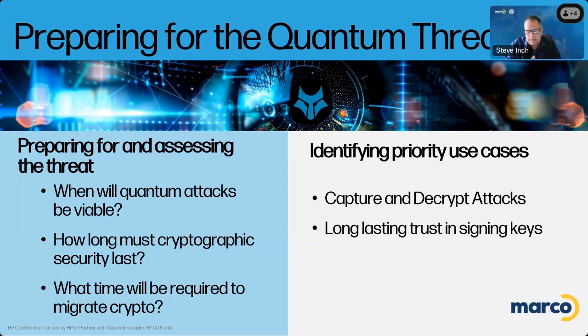But the reality is when we have quantum computing power at scale, it will render current encryption standards totally useless. So the current RSA, let's say 256-bit Advanced Encryption Standard, is going to be rendered obsolete.